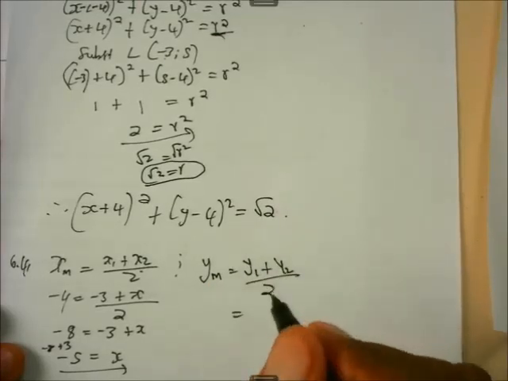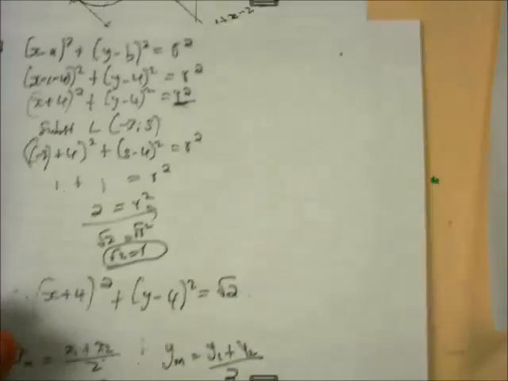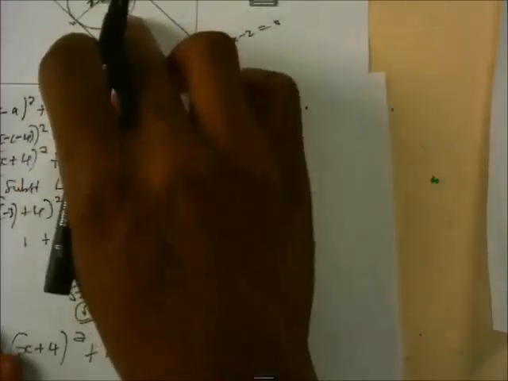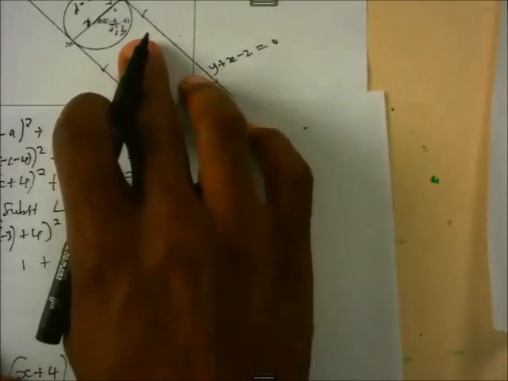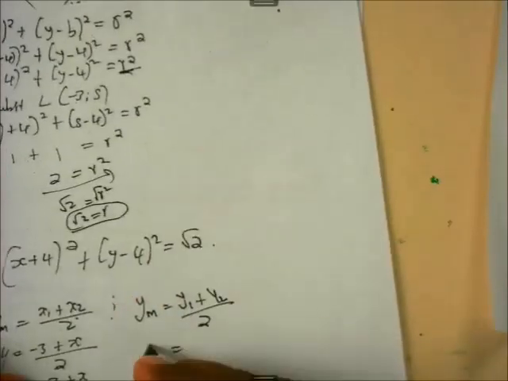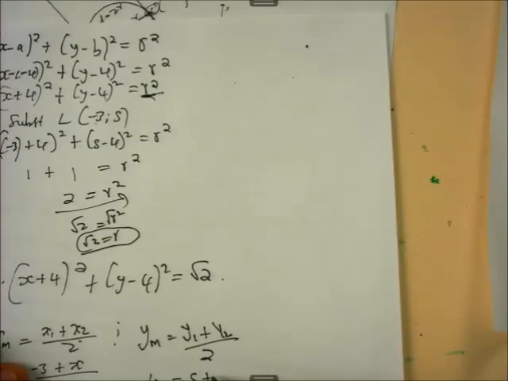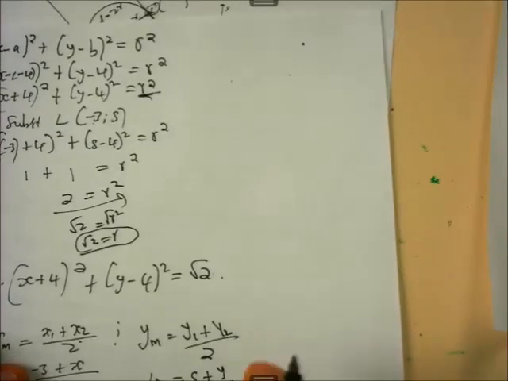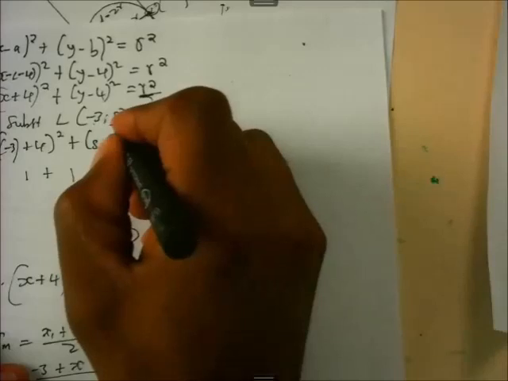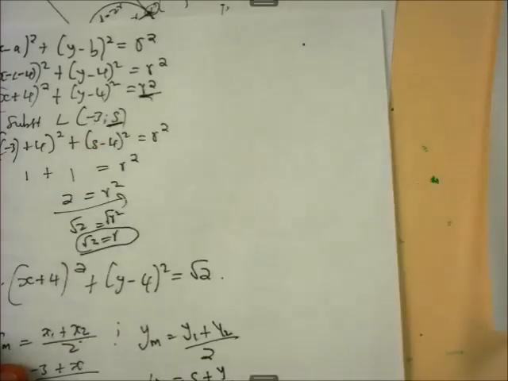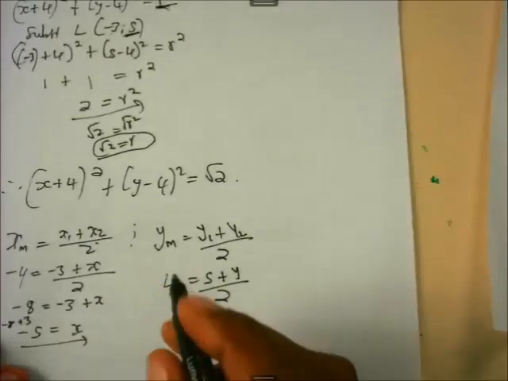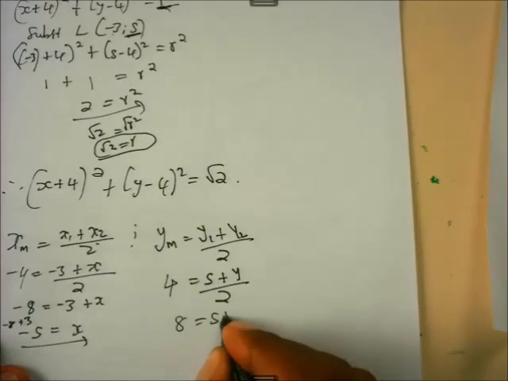The y value at the midpoint is a positive 4. So 4 equals (5 plus y) divided by 2, since the y coordinate of L is 5. 2 times 4 is 8, equals 5 plus y.